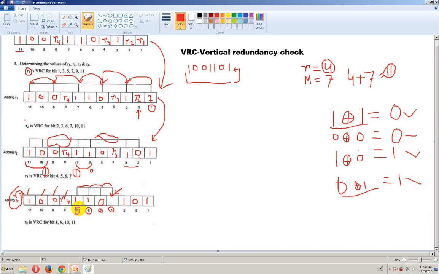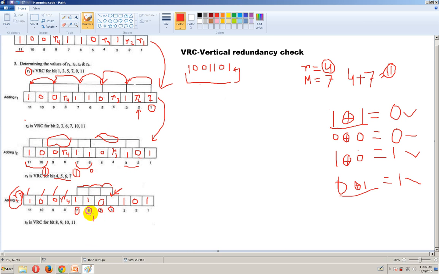We need to do the same exclusive or. 4 doesn't have anything we need to calculate, so start from 5. 5 exclusive or 6: 0 and 1 should be 1.